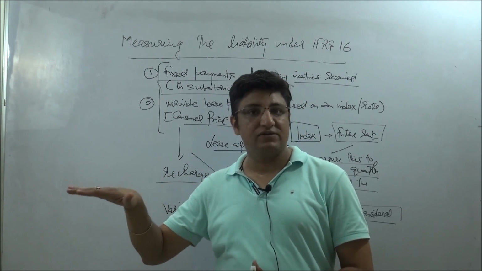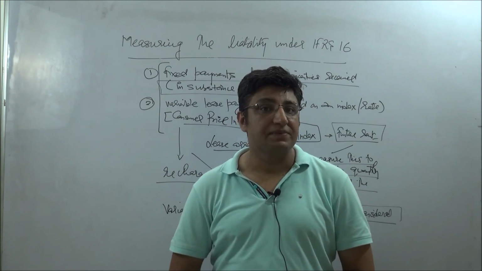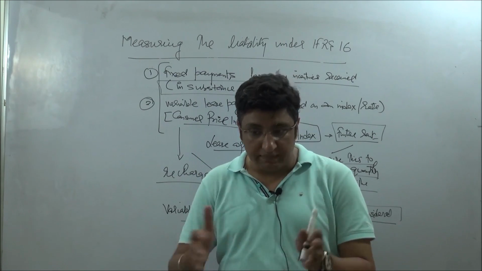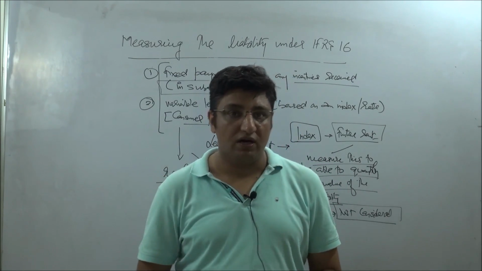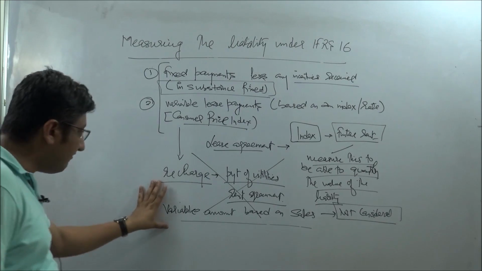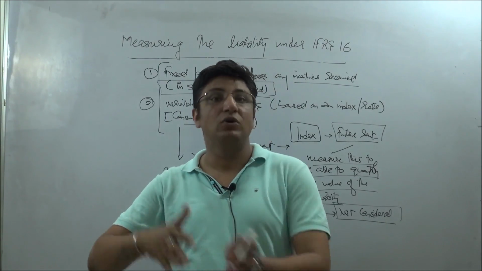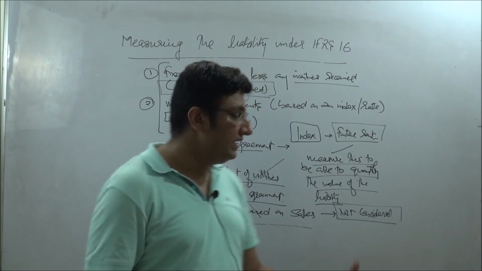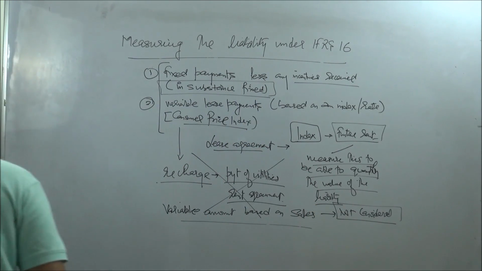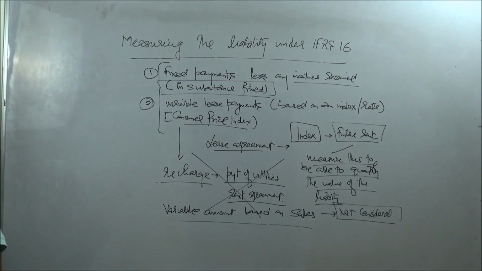Now that $10,000 becomes your in substance fixed payment. So that is something you need to be conscious of while drafting your lease arrangements, because the accounting would change considerably if these kinds of clauses are created, right?